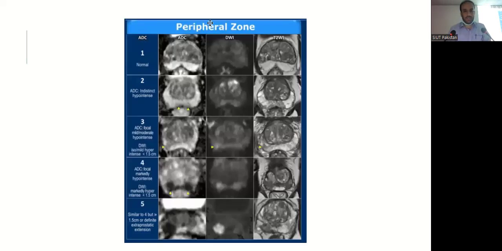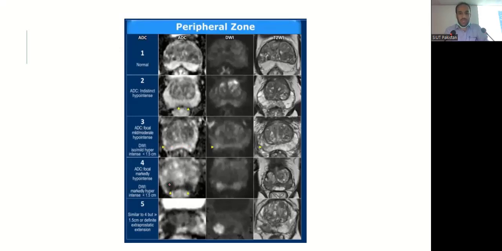And now the peripheral zone: diffusion weighted imaging or ADC is used for the peripheral zone. This is the peripheral zone, which is normal. This is an indistinct hypointense area in the peripheral zone. Third, a focal mild to moderate hypointense area in the peripheral zone of the prostate.